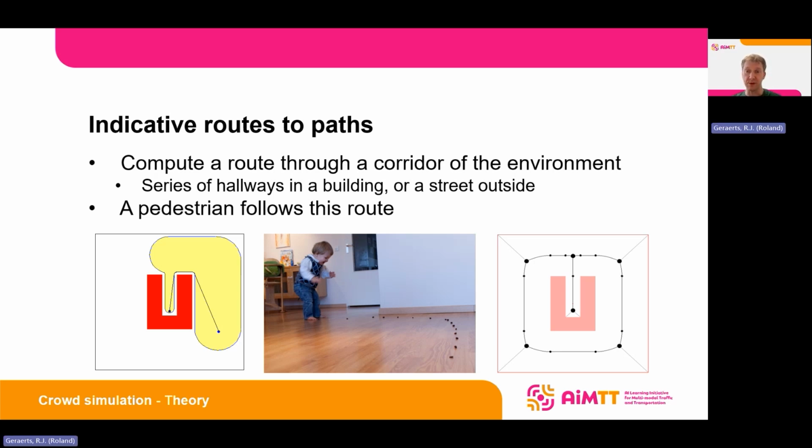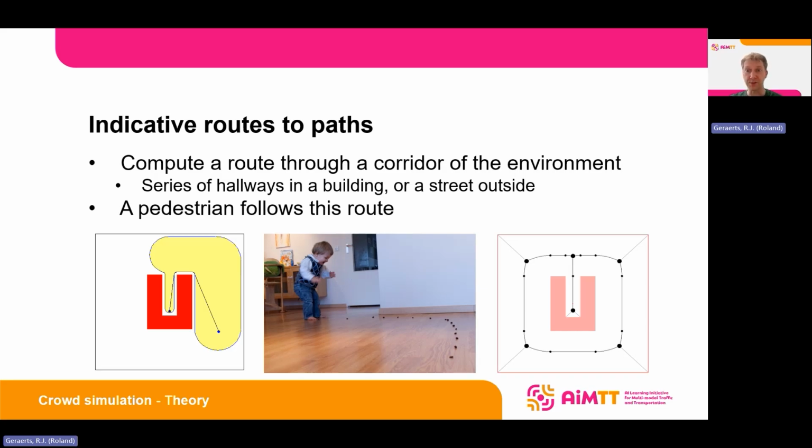In level 3, route following, the simulation takes the indicative route and turns it into a path that can be traversed. The pedestrian continuously follows the planned corridor, moving from one part of the route to the next while progressing towards the destination. At this stage, the simulation calculates the pedestrian's preferred direction and speed based on the route.